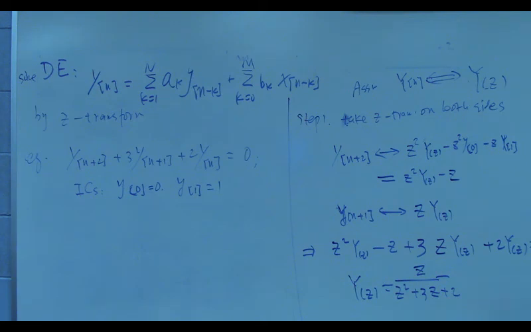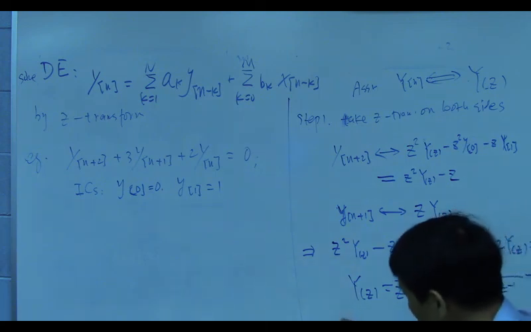Then we need to find the inverse z transform. And this one, we rewrite as 1 over 1 plus z to the negative 1, minus 1 over 1 plus 2z to the negative 1. Now, that is the technique we just discussed today, right? Inverse z transform. So from here, what is y(n)?